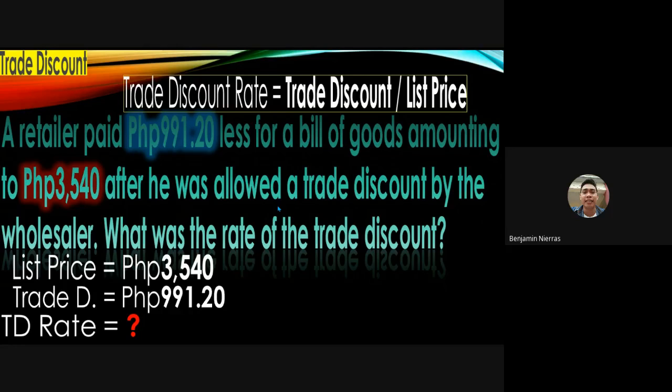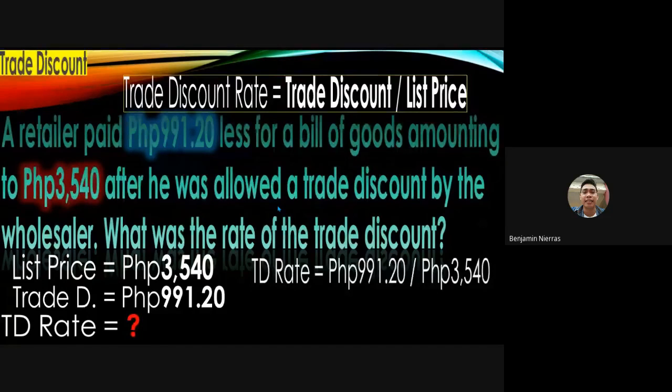So by following the formula, affix the trade discount and the value of list price. So by dividing the 991.20 by the list price, 3,540, you will get the percentage of 991.20 in the list price.